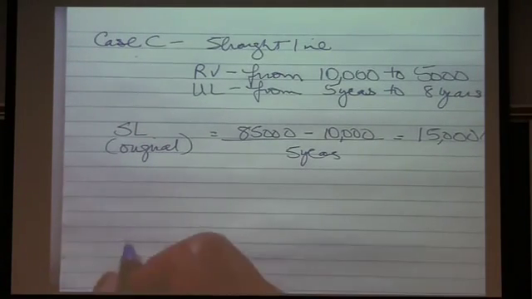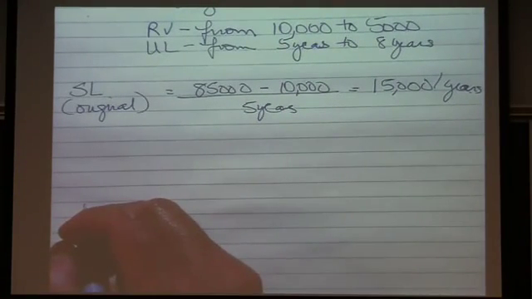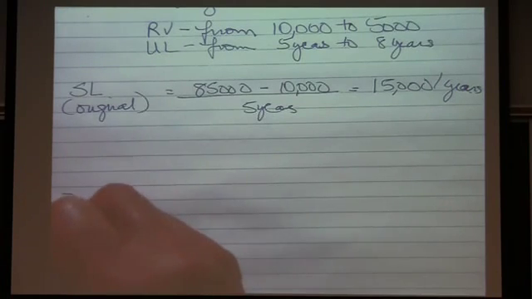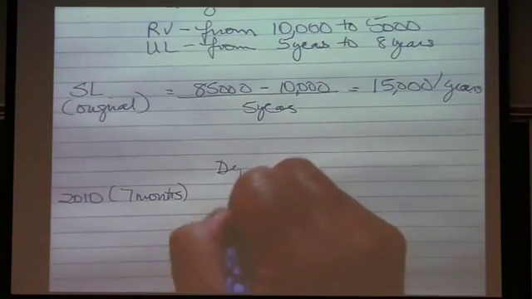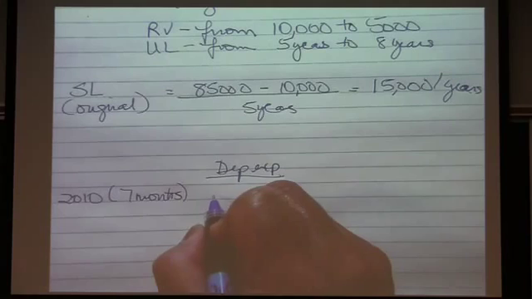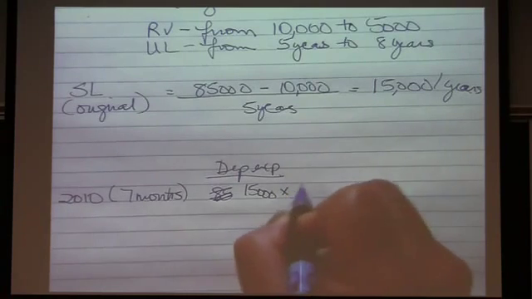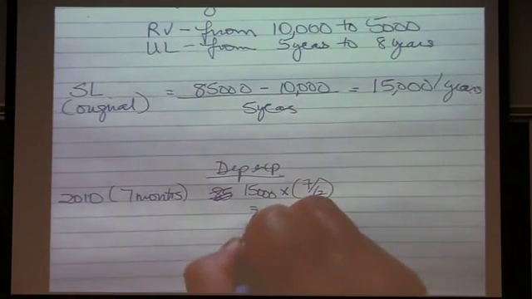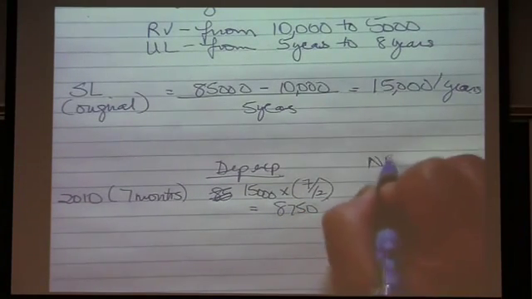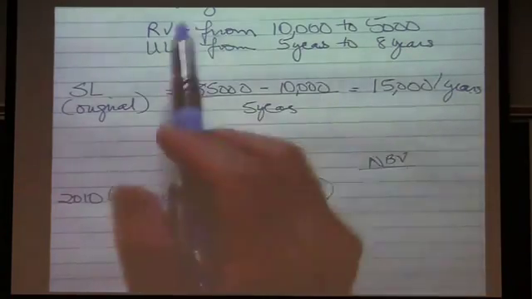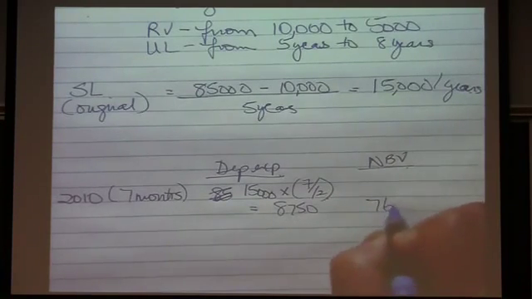So for 2010, remember we had 7 months. The depreciation expense is 15,000 times 7 over 12, which gives us 8,750. And this is net book value. So it's 85,000 less 8,750, which gives us 76,250.